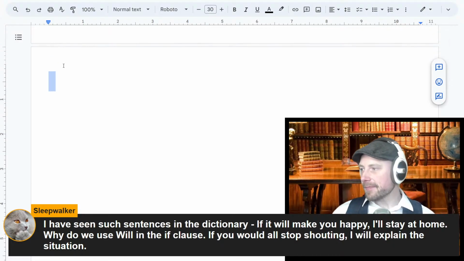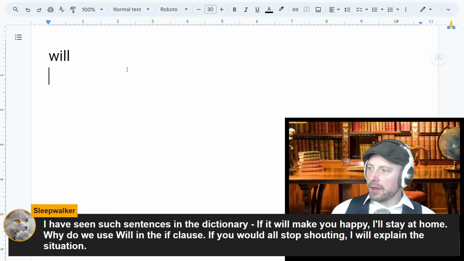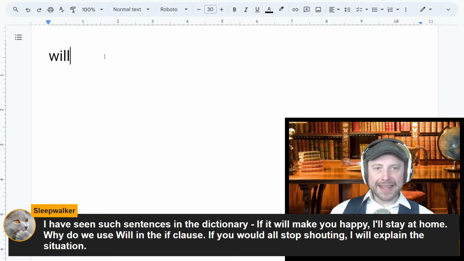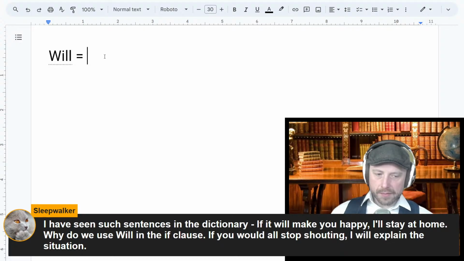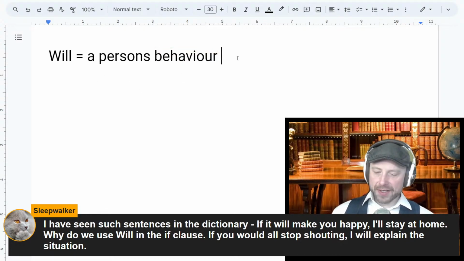So, we use will in the if clause to represent behavior. And it's absolutely colloquial.